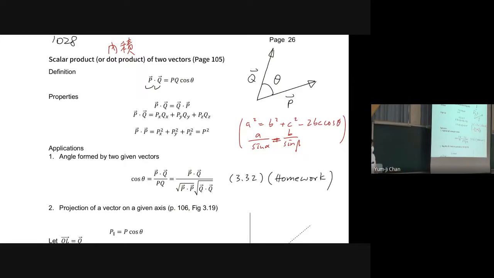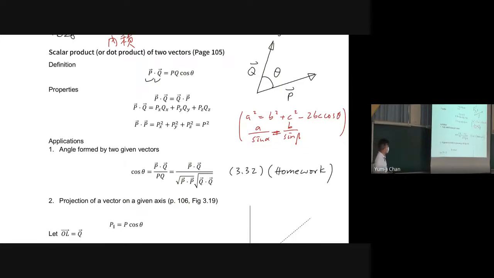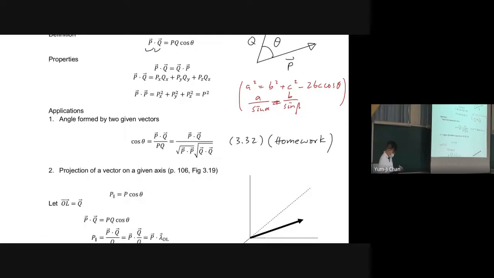This is the first application of dot product.